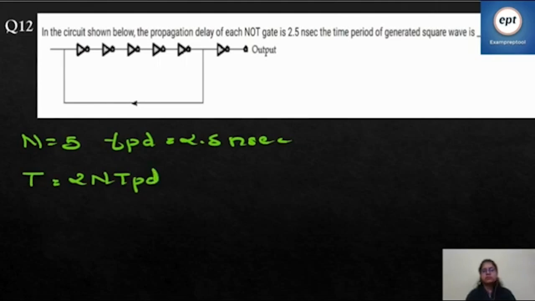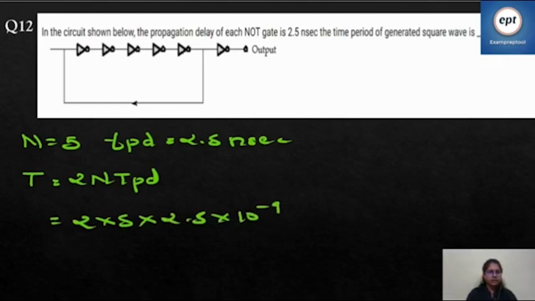This is the formula for the time period of the generated square wave. Let's put the values: 2, n value is 5, and TPD value is 2.5 nanoseconds. The answer comes out to be 25 nanoseconds.